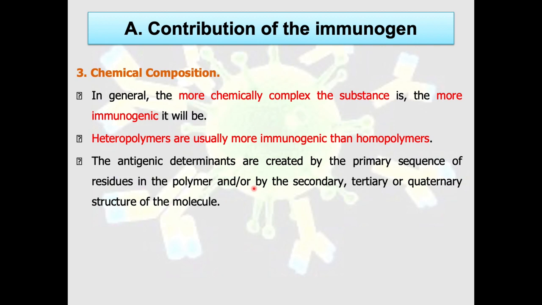You have substance A, substance B, substance C, substance D in one polymer, and it's very immunogenic. A homopolymer, for example, consists of substance A only, so it tends to be less immunogenic.